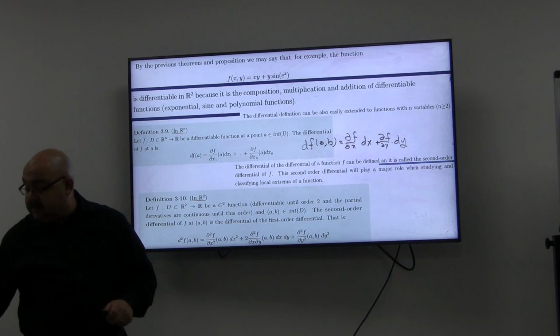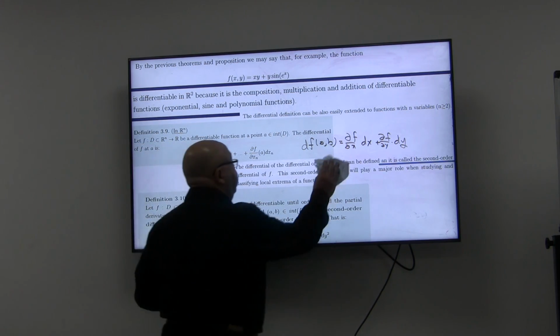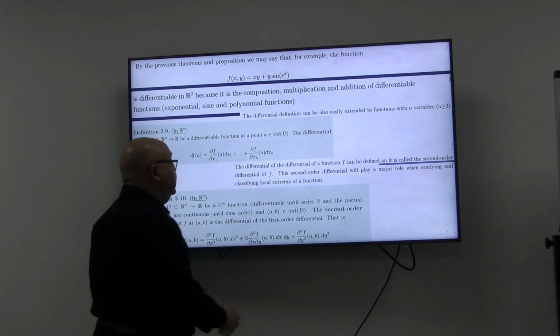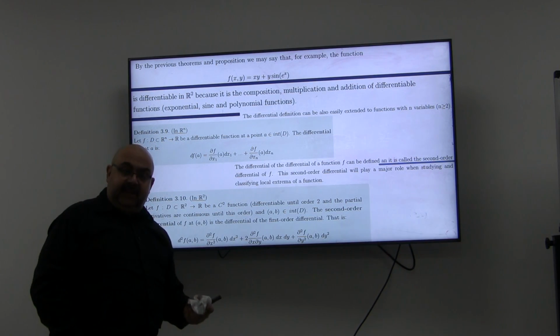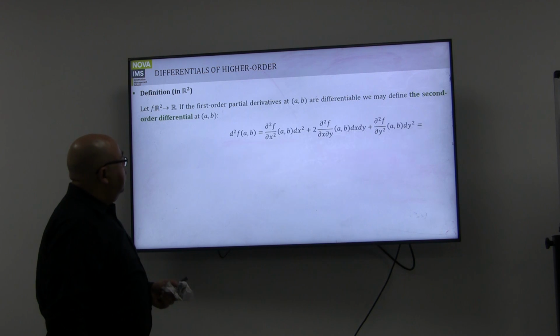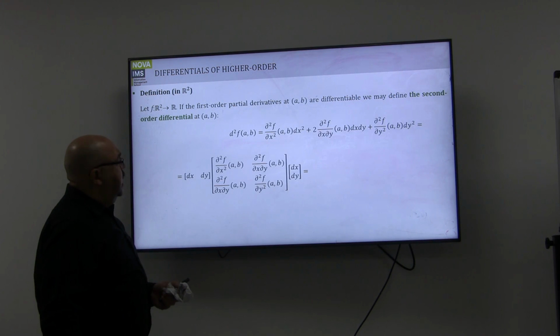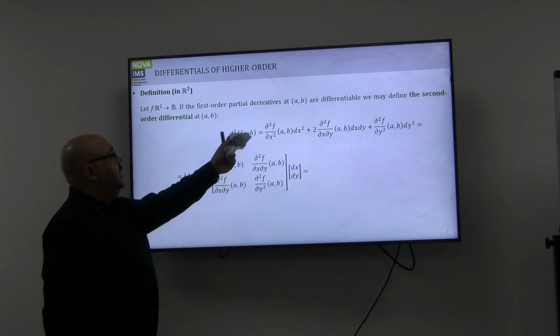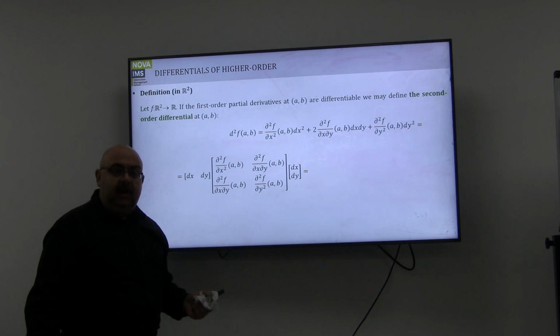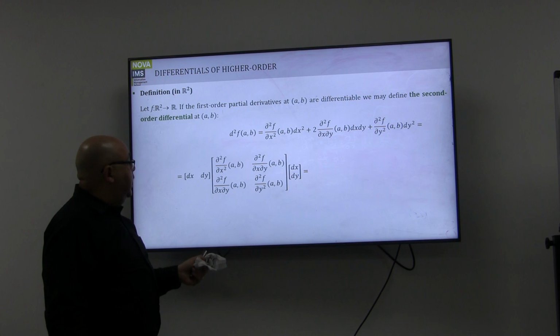Also, if I went for the differential of higher order than the second, it's going to follow the exact same trend. And for higher orders, I've added it for you. That's a simplification of the quadratic, or second order, differential.